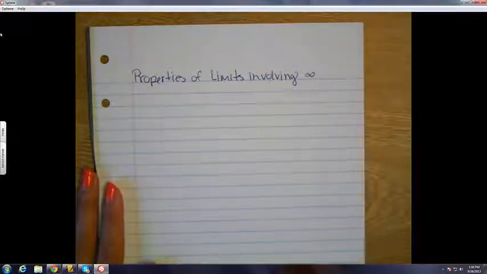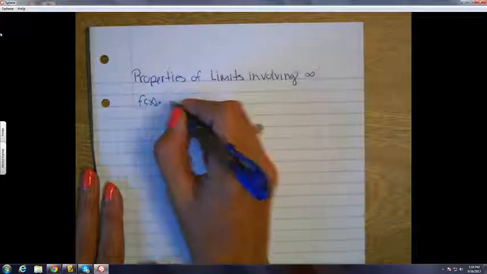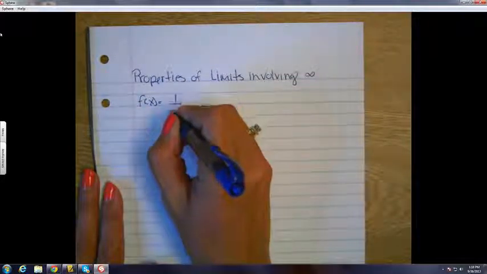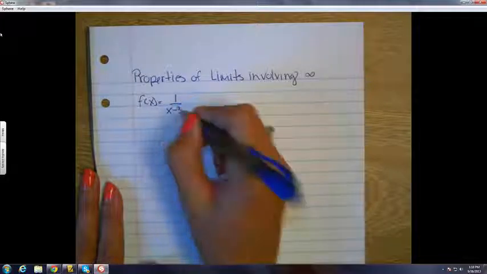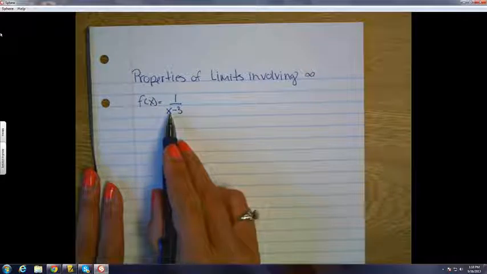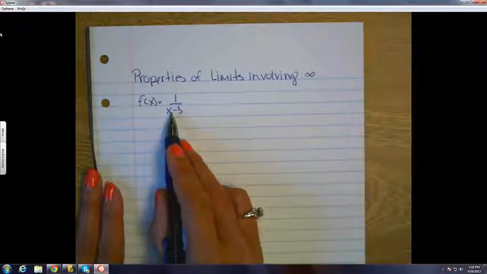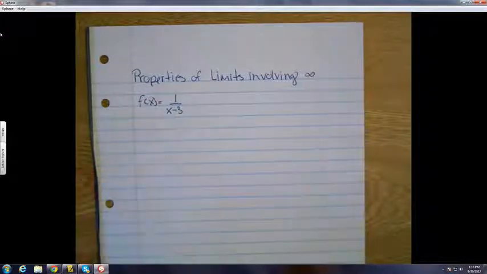So we will look at a function equal to 1 over x minus 3. Right away, that denominator, you can see there's going to be a 0 down here, so we're going to have something undefined. Let's take a look at the graph.